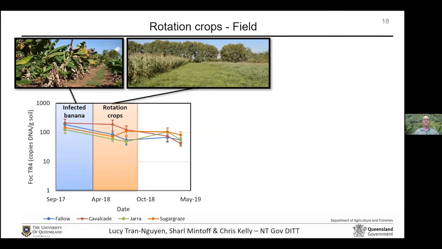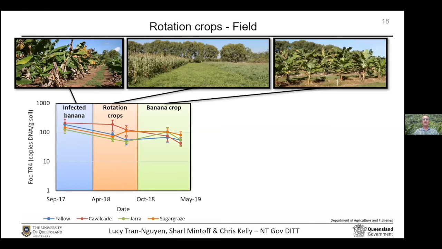They grew rotation crops, and in this case, there were 4 different treatments: the fallow treatment, which is a weedy fallow; cavalcade, which is a variety of centrosema; jarrah grass, which is a variety of a digitaria cultivar; and sugar graze, which is a forage sorghum cultivar. After they were grown, the banana crop was replanted into the same fields.